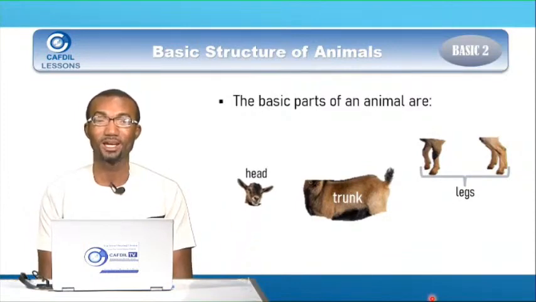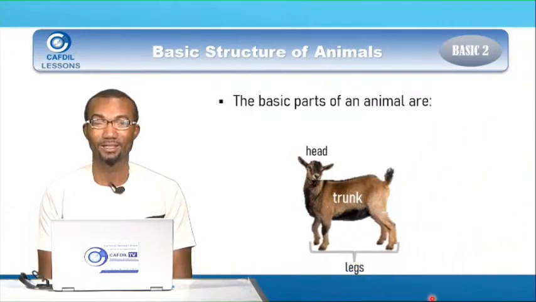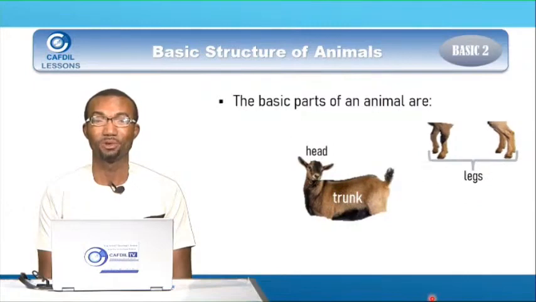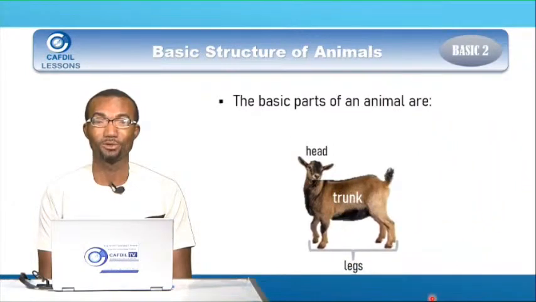You have the head here, you put it on the trunk, which is the main body, and then the legs will follow, and we get a full animal. So the basic parts of an animal are the head, the trunk, and then legs.